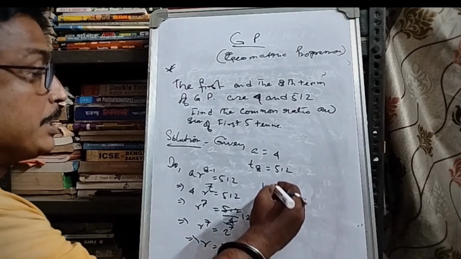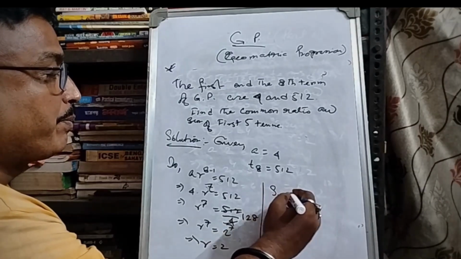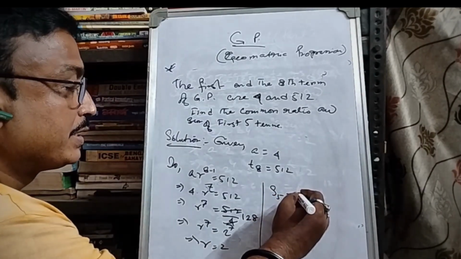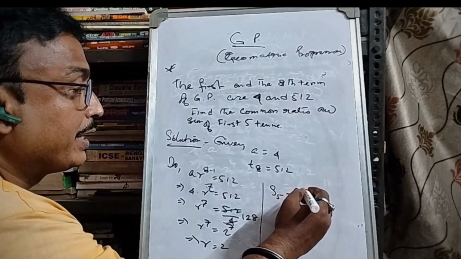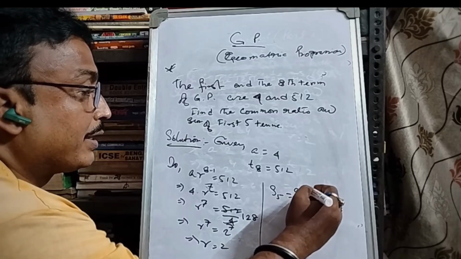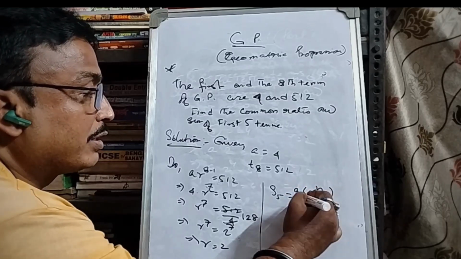Now, the sum of the first 5 terms. r is greater than 1, so the sum is a times r to the power n minus 1 by r minus 1.